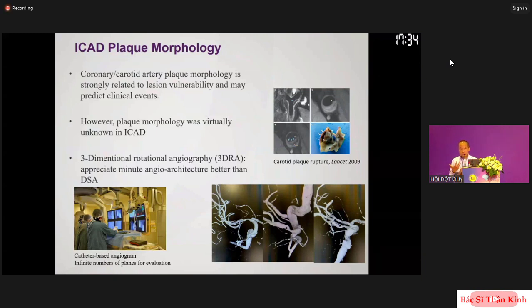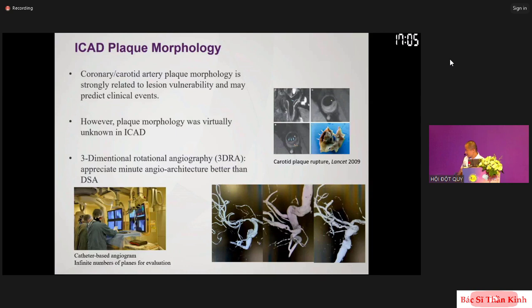So what we can do our best is to perform 3-dimensional rotational angiogram to see the plaque morphology. And of course, it was an invasive procedure. We have to do it through a catheter, puncture over the groin area, put in the catheter, and inject the contrast at the neck vessels to appreciate these morphological changes of the plaque.